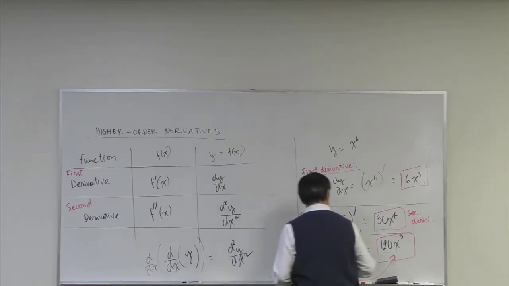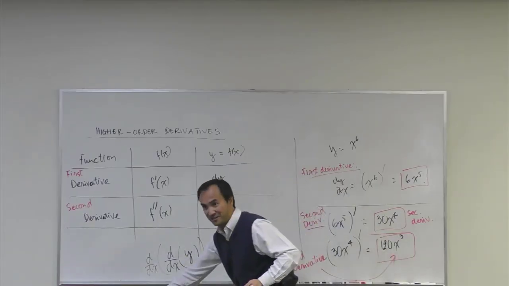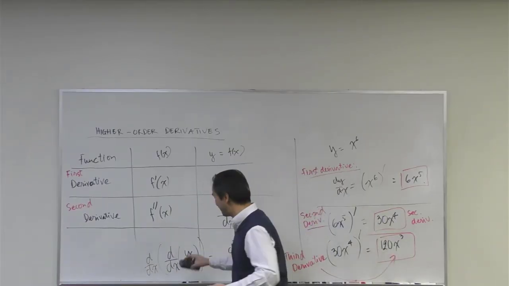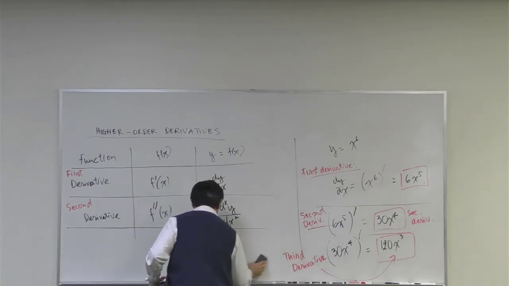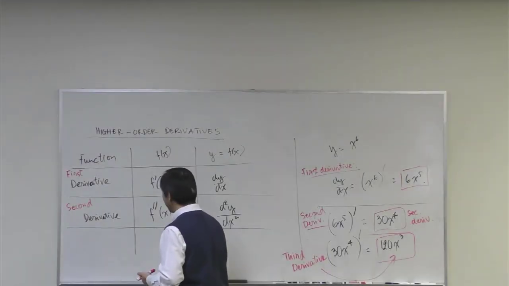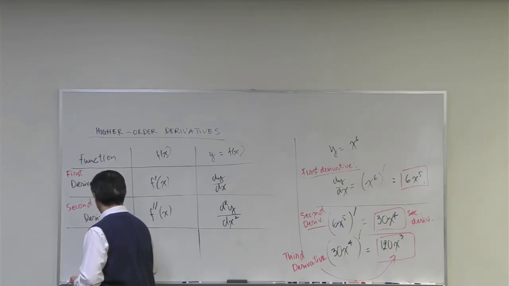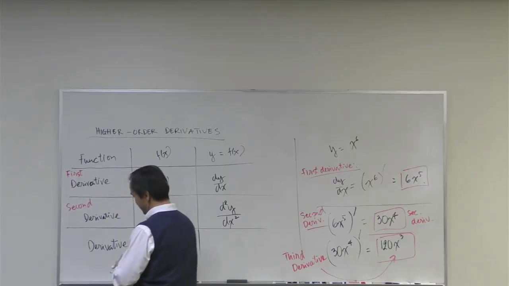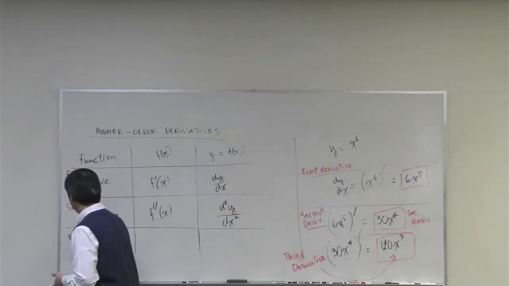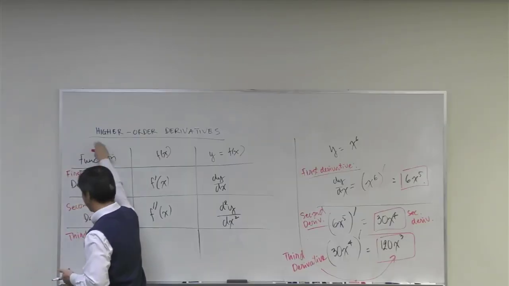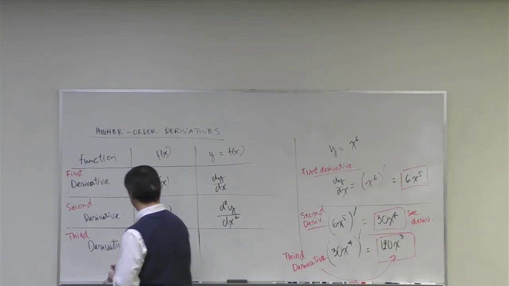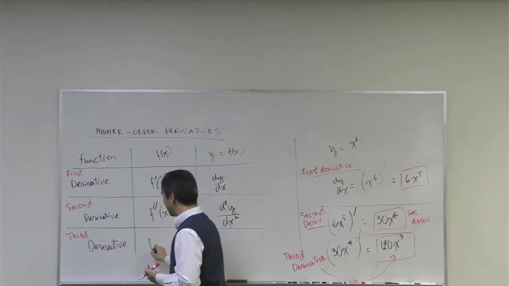So now what do you guys think? I can keep extending this table further down, right? For the third derivative, for the fourth derivative, and so on. A couple more lines and you will get a very general idea of this. Right now I'm just introducing the symbols, the notations, the way people write notations out there. So when it comes to the third derivative, the third level, relative to the beginning original function right here, it makes sense that we put 3 primes.